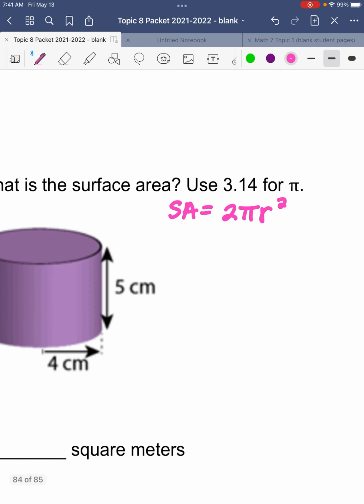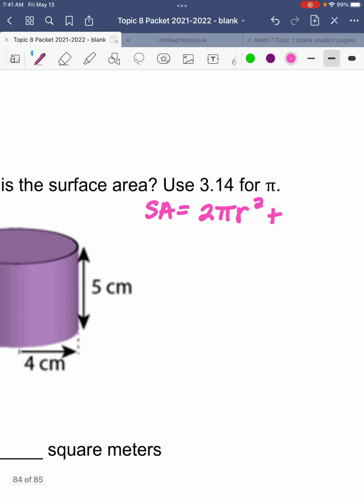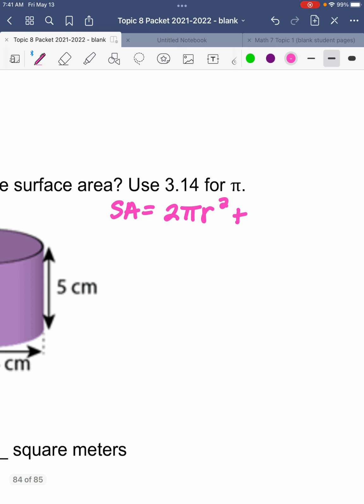Now, to find the area of the lateral surface, which is actually a rectangle, we're going to take our circumference. So we have 2 pi times the radius, and then I multiply that times the height of the figure. How far apart are those bases?